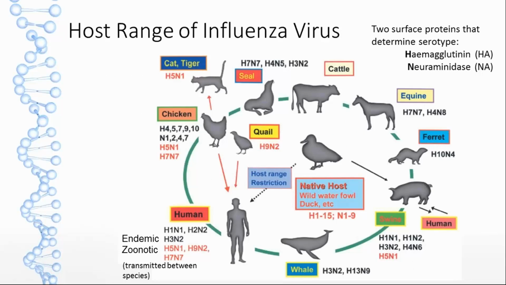Influenza itself has a wide host range, of course, all vertebrates, but mainly mammals and birds. The native host seems to be the wild waterfowl, so mostly duck, but of course it can infect many different other organisms, and that depends on the specific serological footprint of the different virus strains.